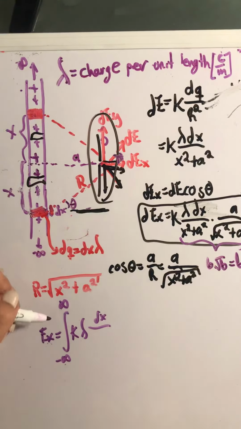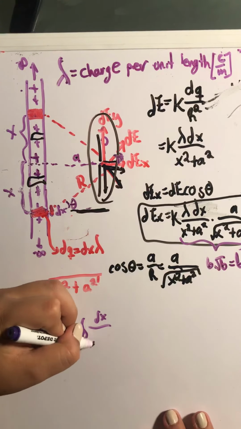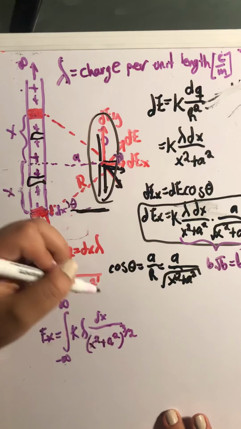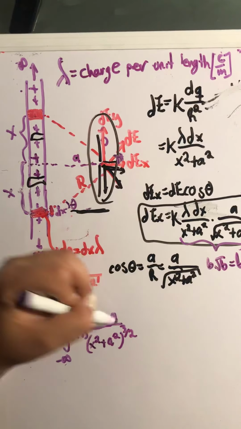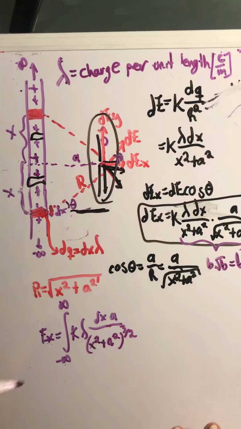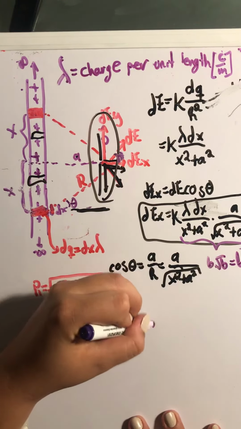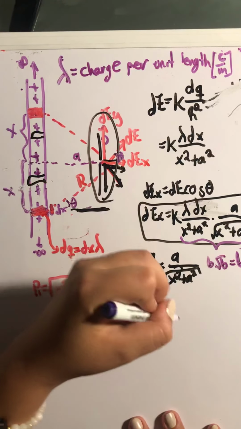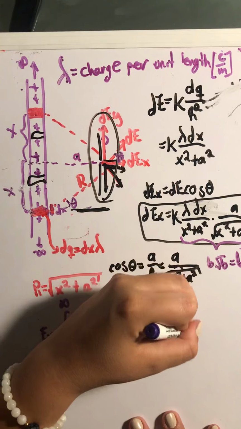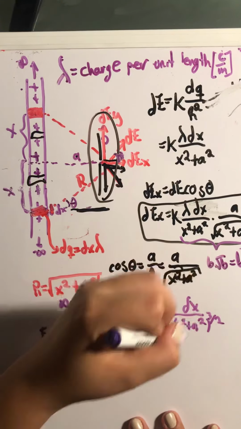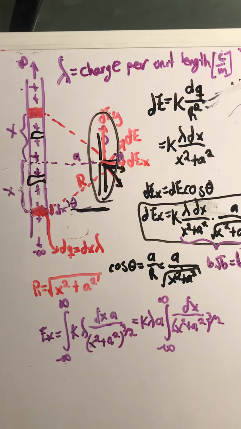Therefore, when we plug it back in, b is x squared plus a squared, all of that to the 3/2, and we have the extra a from up here. So the integral is of dx, and all we care about is x. Everything else is constant in this integral, so we can take them out. So Ex equals k lambda a times the integral of dx over x squared plus a squared to the 3/2, from negative infinity to infinity.